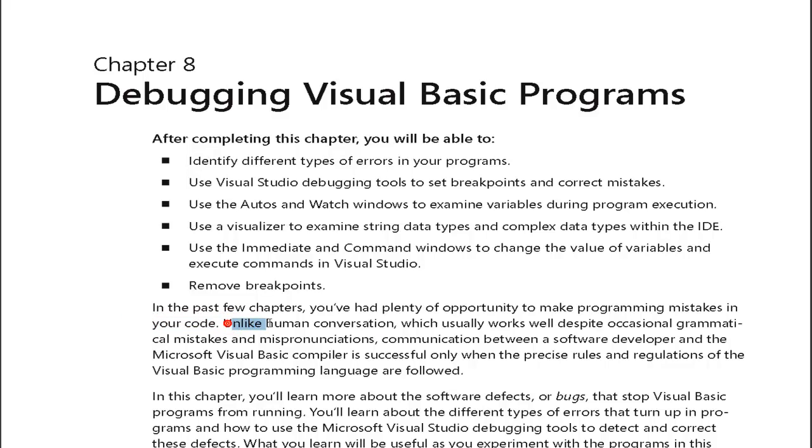He says, unlike human conversation, which usually works well despite occasional grammatical mistakes and mispronunciations, communication between a software developer and the Microsoft Visual Basic compiler is successful only when precise rules and regulations of the Visual Basic programming language are followed. Okay, so we have to be much more careful than when we're just speaking.